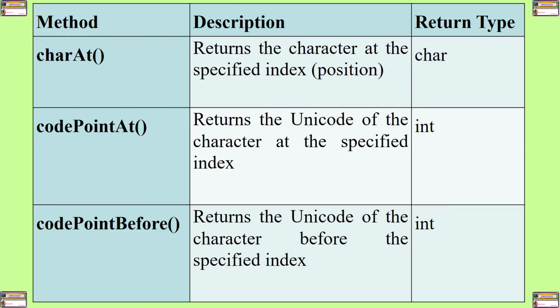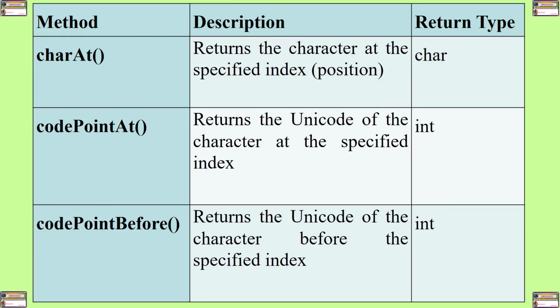So what does charAt do? charAt returns the character at the specified index or position. If you have text and you want to return the character at a specific position within that text, then we use the method charAt. In the parentheses, you indicate the position.